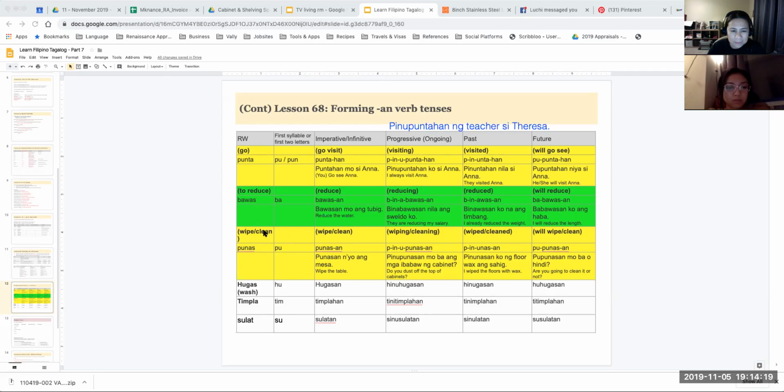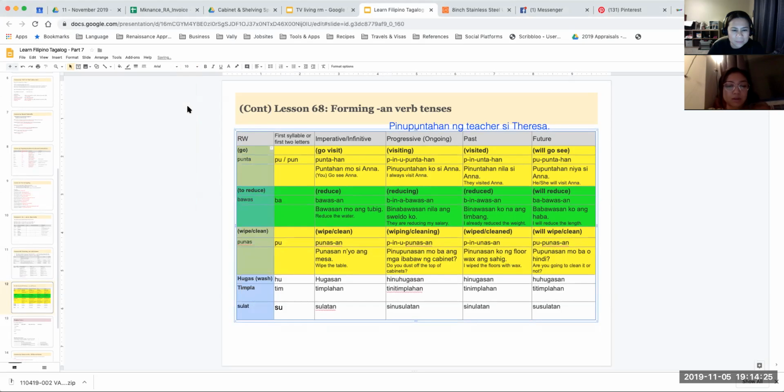Punas. Punasan. Punasan niyo ang mesa. Punasan niyo ang mesa. Pinupunasan. Pinupunasan mo ba ang mga ibabaw ng cabinet?